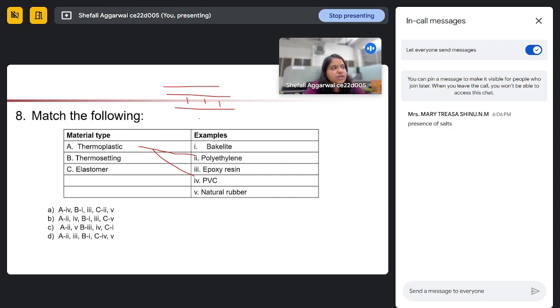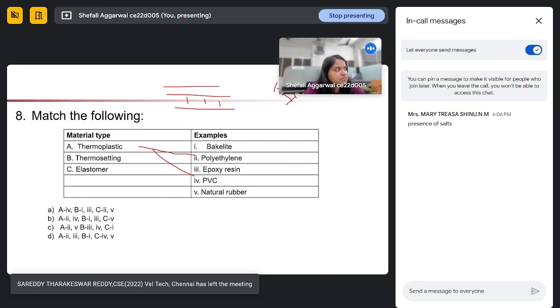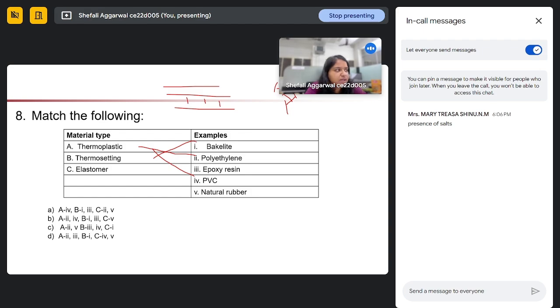Next is thermosetting materials. Thermosetting materials are materials which are cross-linked in a random network like this. So examples of thermosetting will be bakelite and epoxy resin. Once it hardens, it's difficult to go back to the elastic stage.